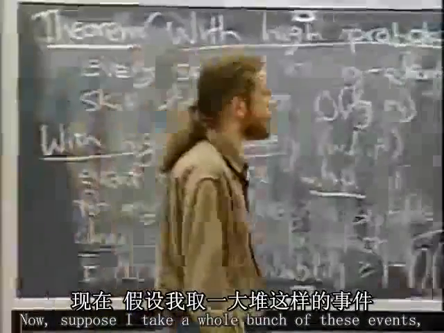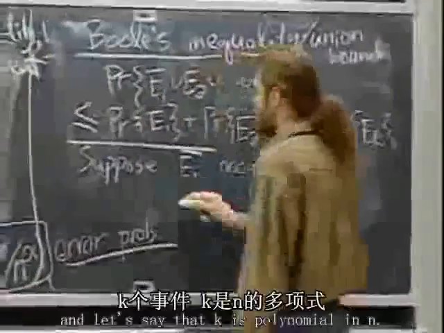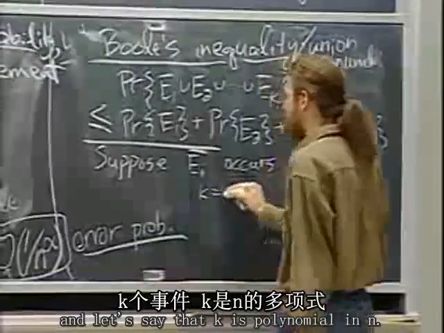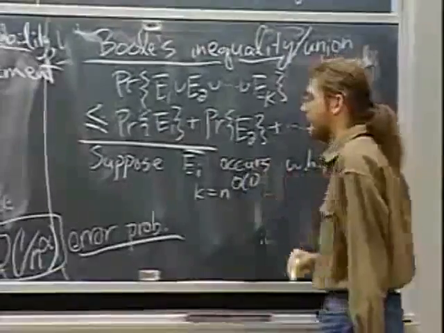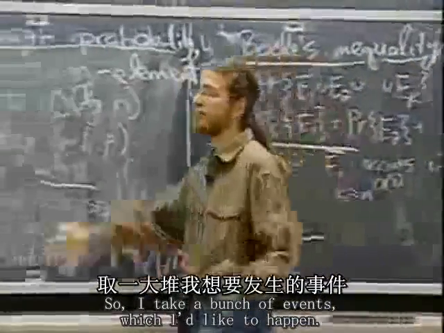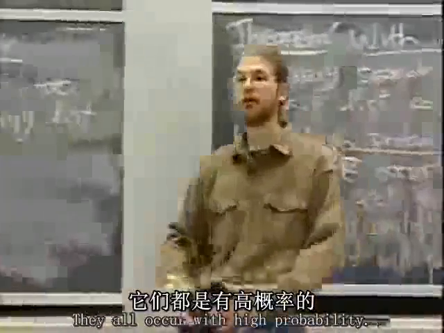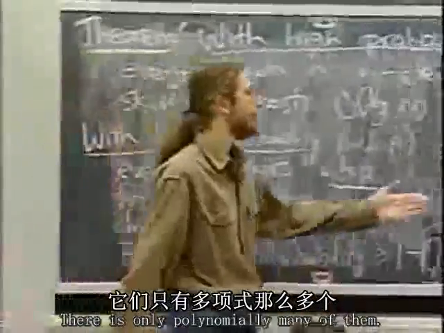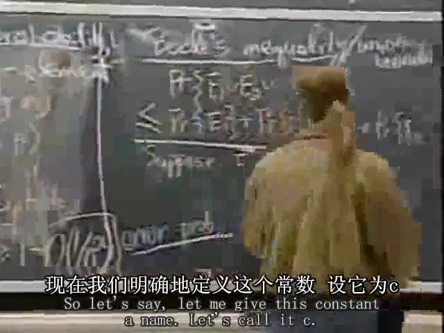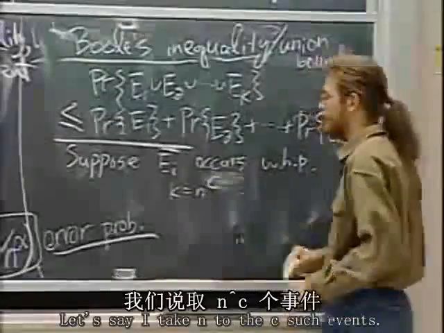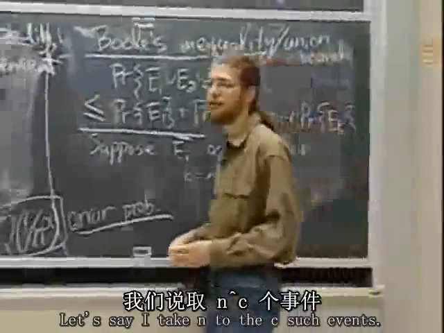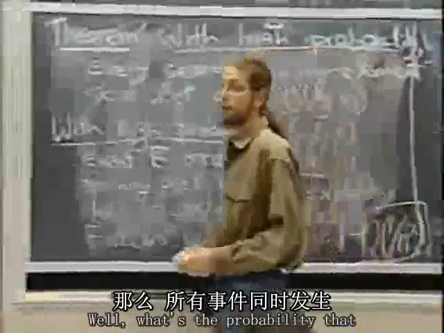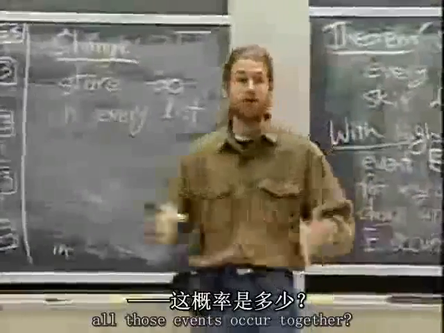Now suppose I take a whole bunch of these events, and let's say that k is polynomial in n. So I take a bunch of events which I'd like to happen. They all occur with high probability. There's only polynomially many of them. Let me give this constant a name, let's call it c. Let's say I take n to the c such events. Well, what's the probability that all of those events occur together?